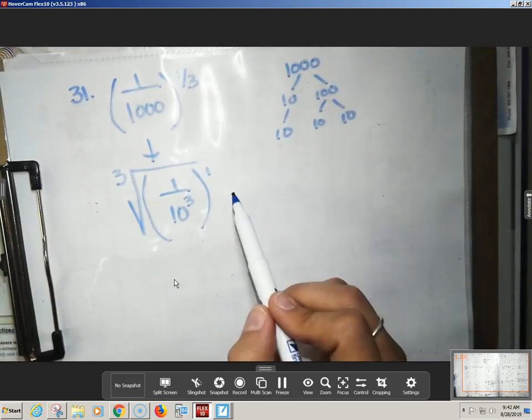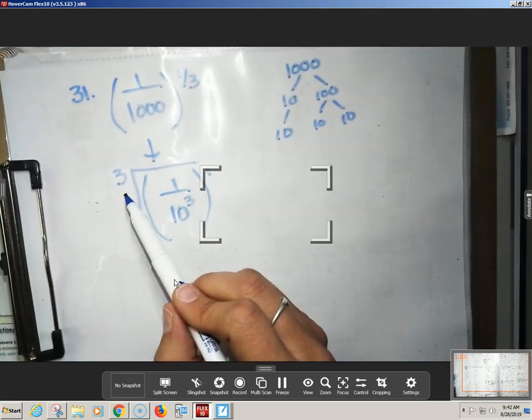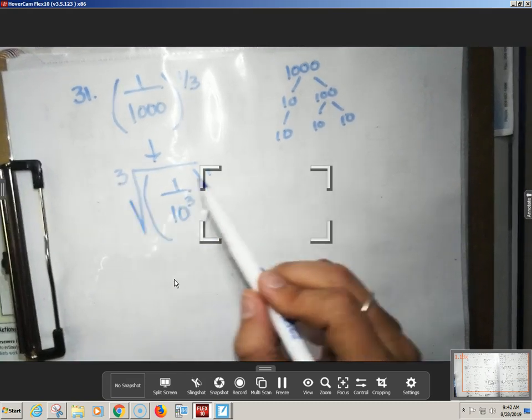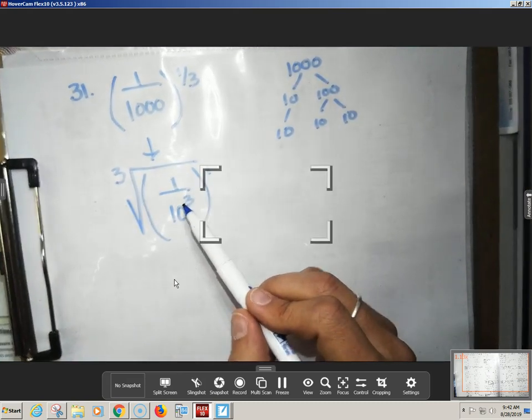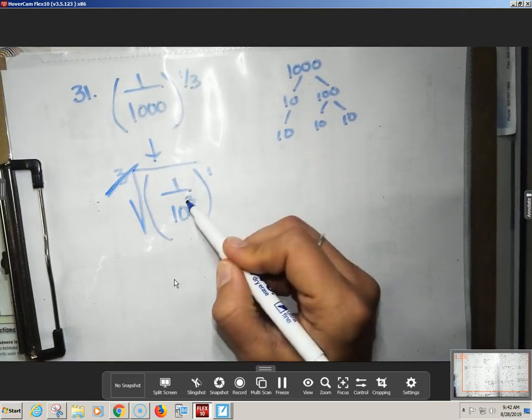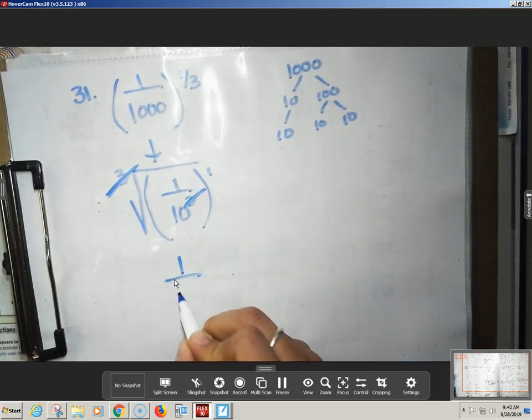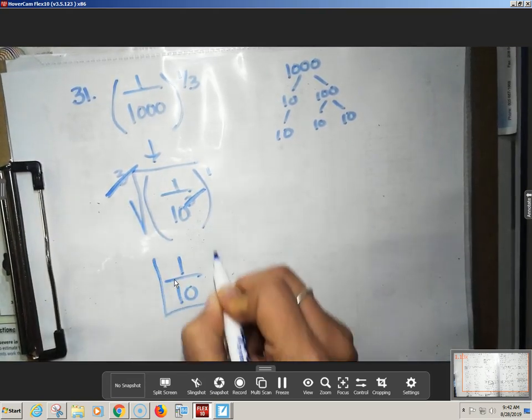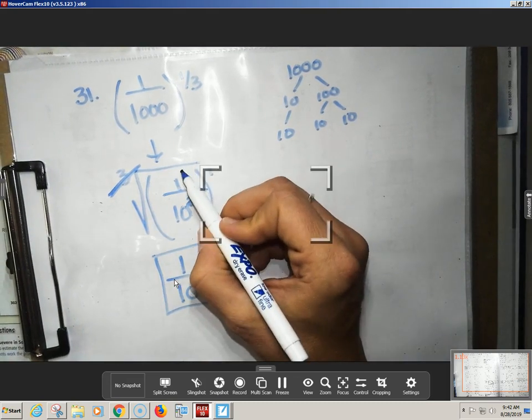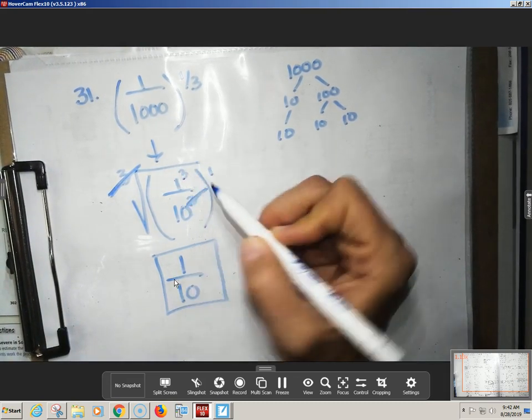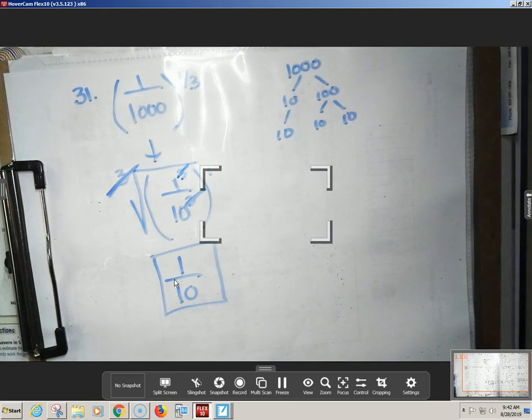So it's a 1/3, so the 1 is outside, the 3rd is inside. Do you guys see what's going to happen with the 3's? We can actually cancel out those 3's, and we're going to end up with 1 over 10. Now, this is kind of dangerous. It could get you in trouble in harder problems. But we could actually have made that 1 cubed also, which is why it was legal. For number 31, you want to break down 1,000.